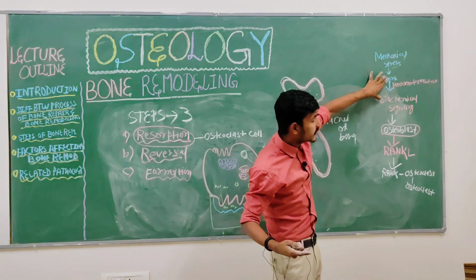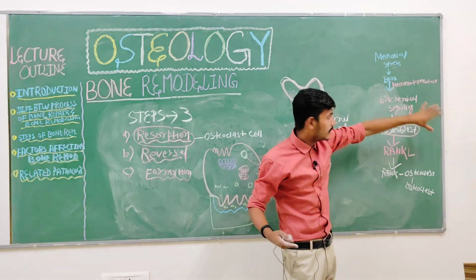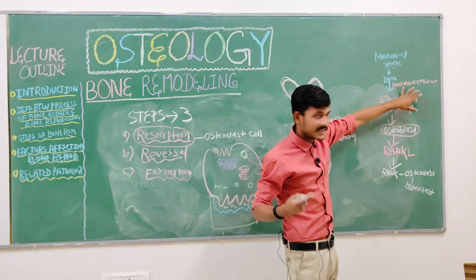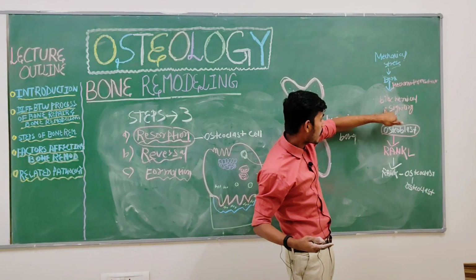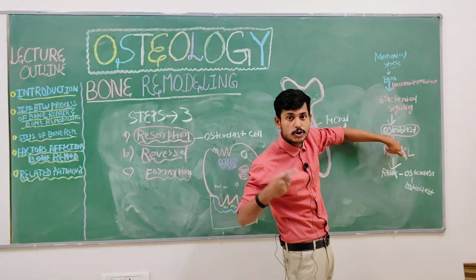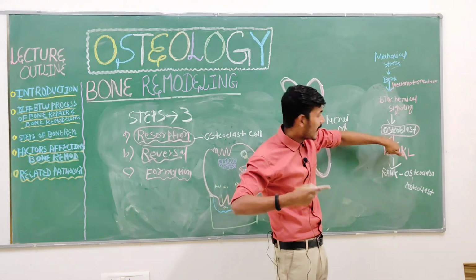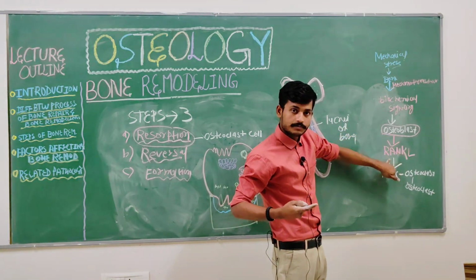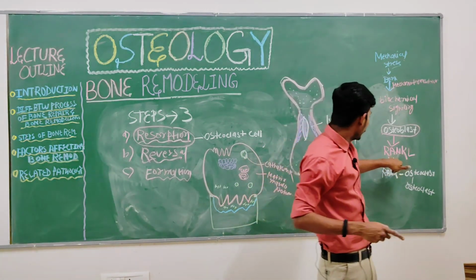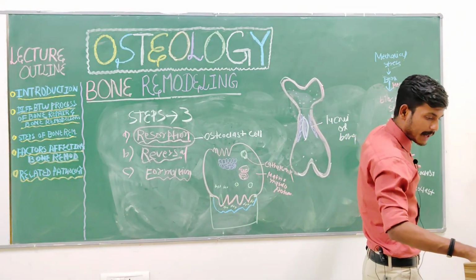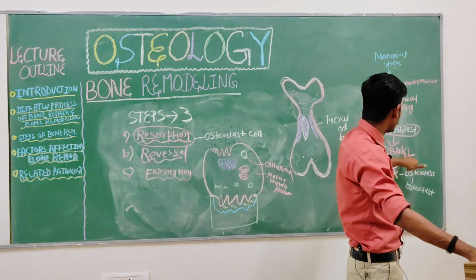So when mechanical stress is applied on the bone, the bone undergoes mechanotransduction, and this mechanotransduction changes the mechanical stress into biochemical signaling. This biochemical signaling is received by the osteoblast, the bone forming cell. Osteoblasts will start proliferating and they are activated. They in turn express what kind of protein? That's basically the receptor activator of nuclear factor kappa B.